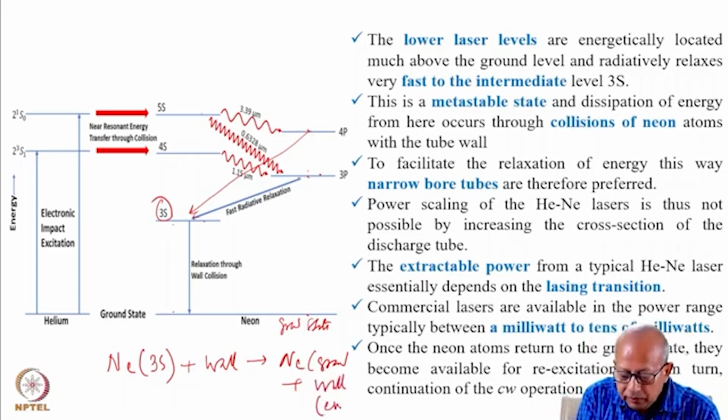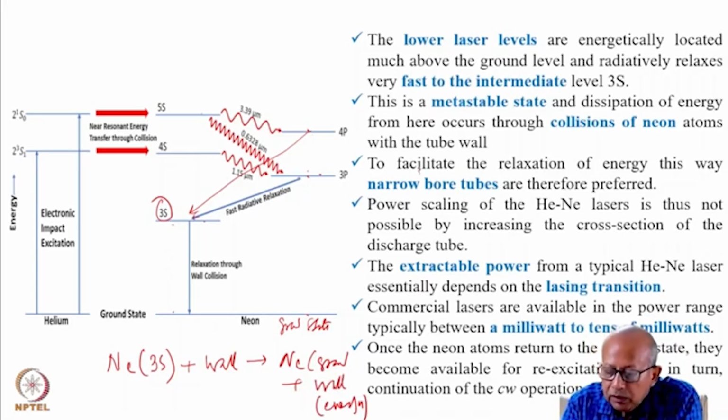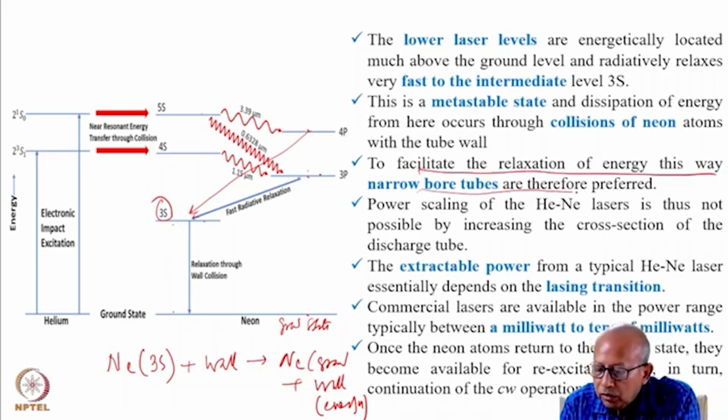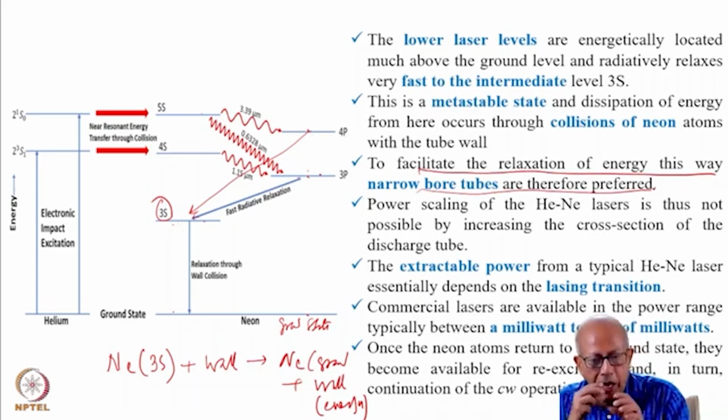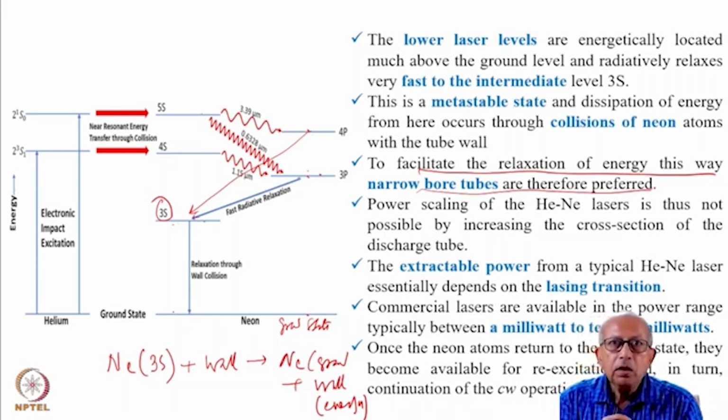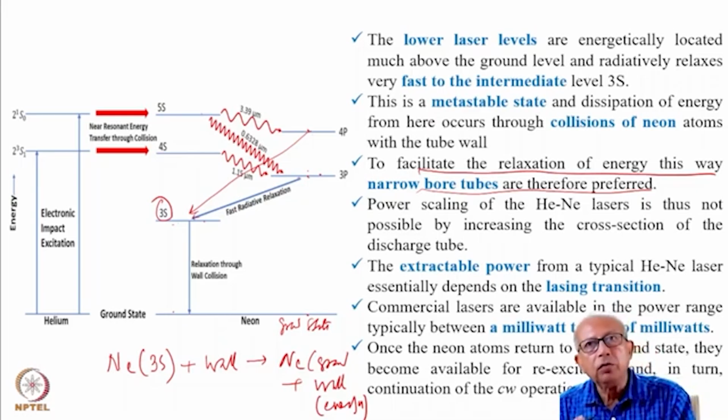The wall takes the energy. Therefore, to facilitate the relaxation of energy, narrow bore tubes are used. If the diameter of the tube is narrow, then the rate of such collisions with the wall of the tube will be more. So relaxation of energy will be faster.